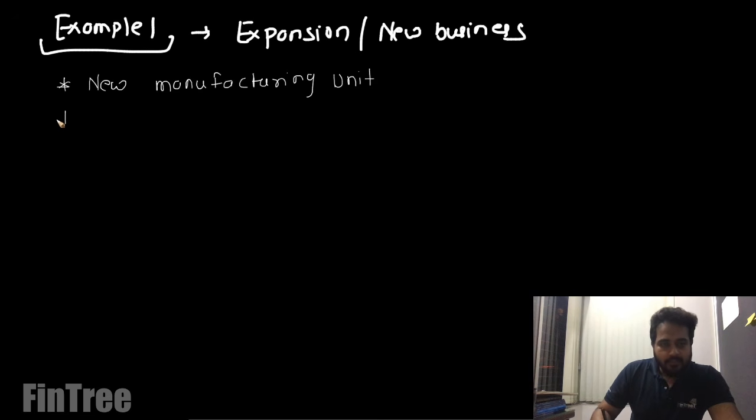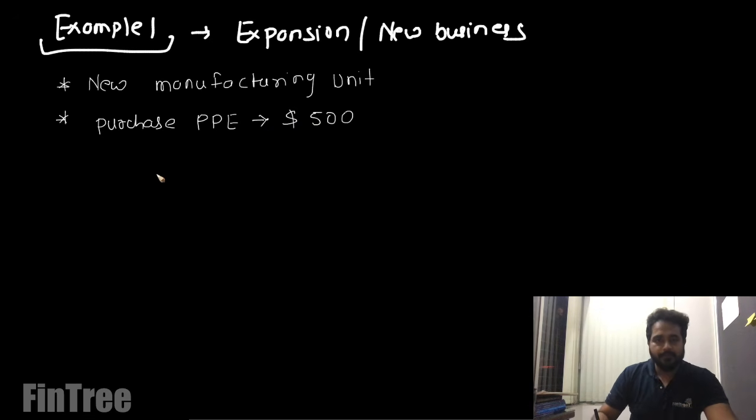Now for new manufacturing unit, you will be required to purchase a new property, plant and equipment worth, I'm going to keep numbers really simple, $500.